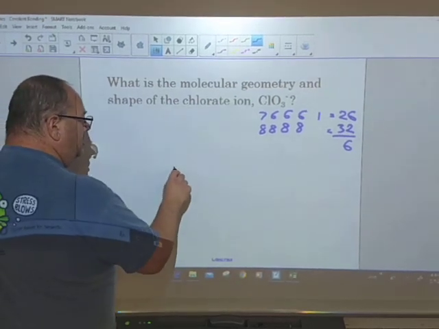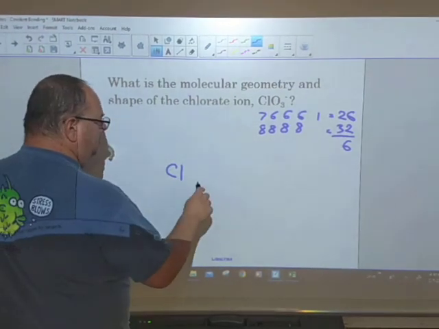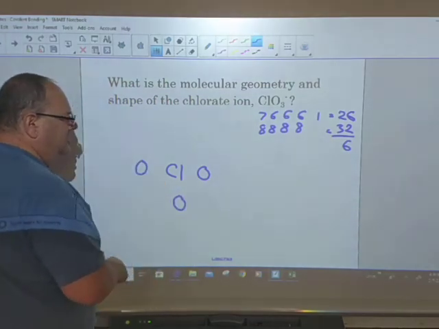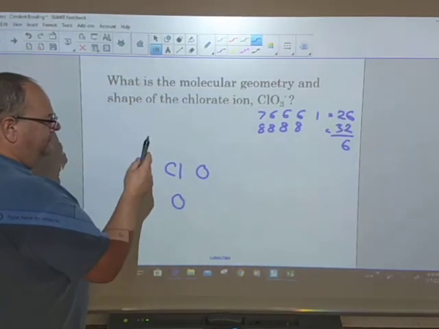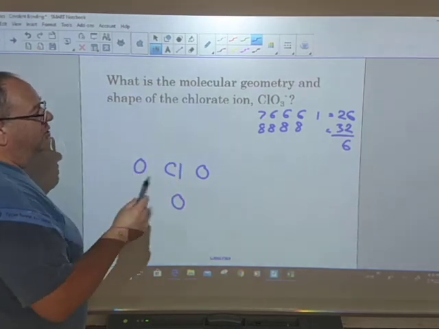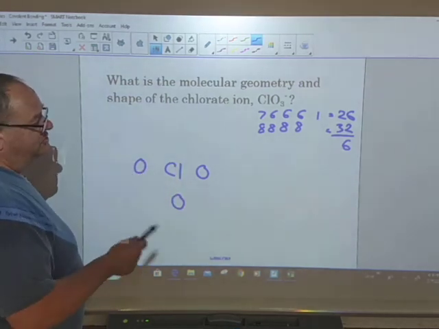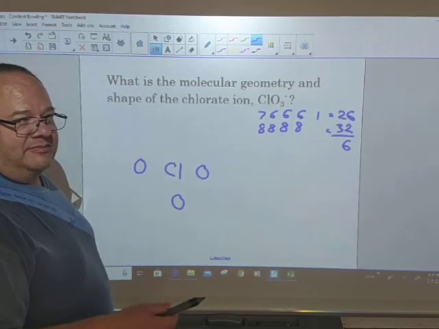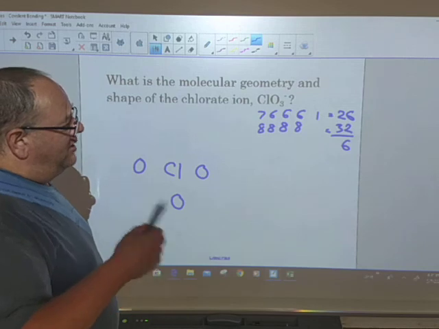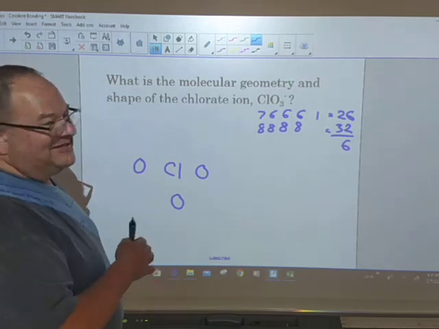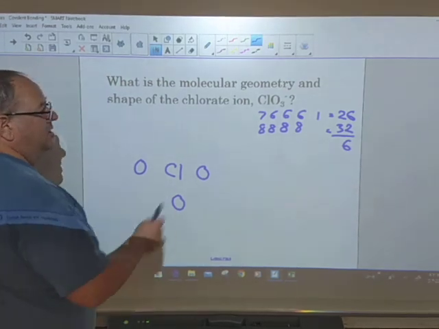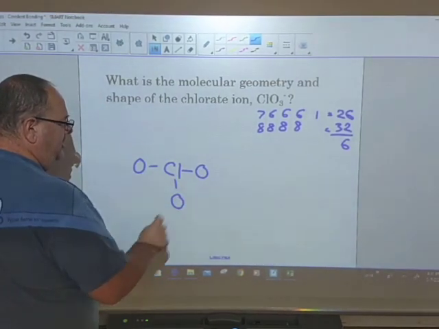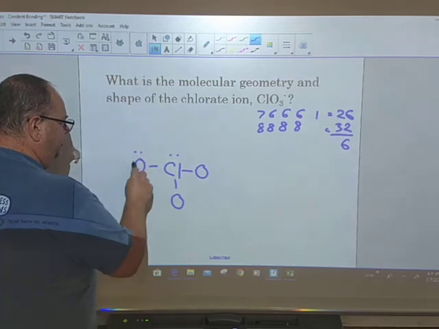Okay. Chlorine, oxygen, oxygen, oxygen. Now, chlorine is less electronegative than oxygen, so it fits in the middle. Chlorine is the single atom. The tip that we had on how many bonds it looks like they make doesn't work on this one. We got 3 bonds overall, and then I should fill up unshared pairs.